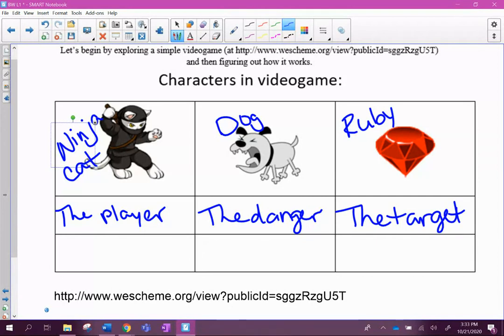So the player is the character that we control. Where the danger is the character the player is trying to avoid.